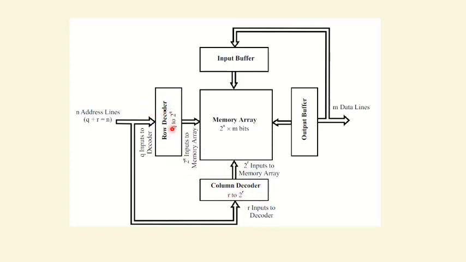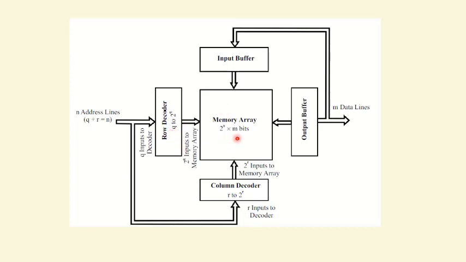The decoder is the first building block of any memory. What is the decoder doing? The decoder generates the 2 to the power n lines. To point out the location of the memory, we use the decoder.